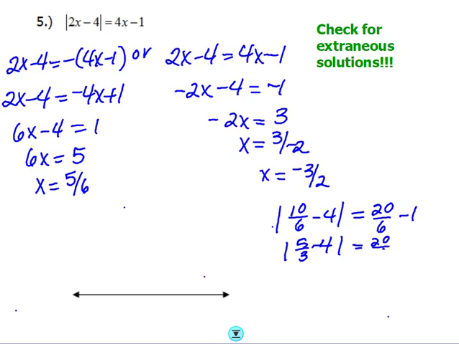Let's also simplify that fraction too while we're at it. So that's 10/3 minus 1. 5/3 minus 4 is negative 7/3. 10/3 minus 1 is 7/3. The absolute value of negative 7/3 is 7/3. So that one works. That one's good. We can graph 5/6.